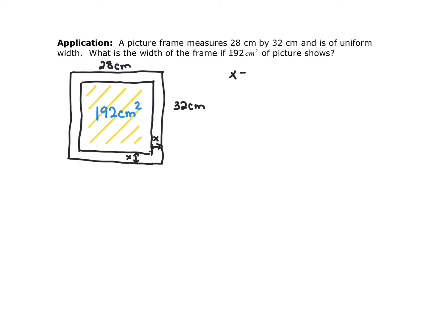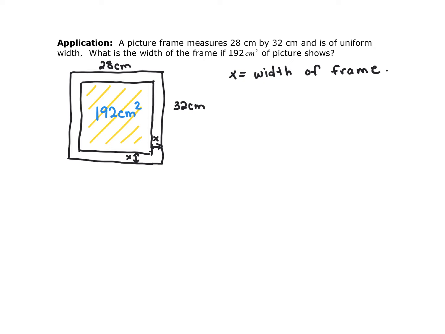X is the width of the frame. All right, so let's read the question again. I often find that I read a problem 2 or 3 times before I'm done. A picture frame measures 28 by 32 and is of uniform width. What is the width of the frame if 192 centimeters of the picture shows?